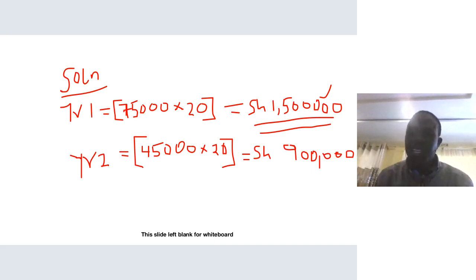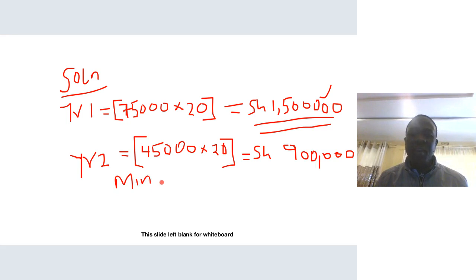So now what they are supposed to pay is the sales. Remember, we have said that the payment will be based on the number of sales that would have been made. The company is supposed to pay the 900,000, but remember that we have a minimum rent of 1 million shillings.